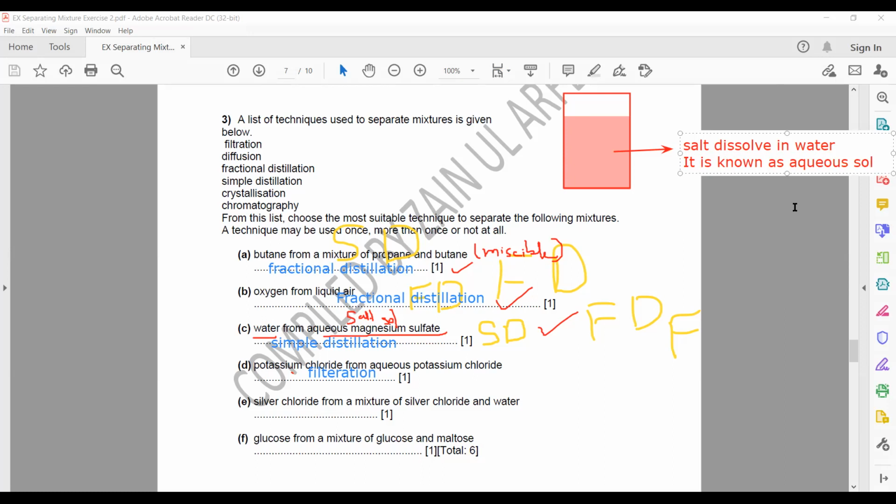You have an aqueous solution of potassium chloride, which means you have a salt solution of potassium chloride and you need salt from that.